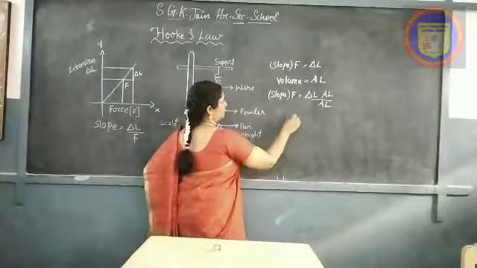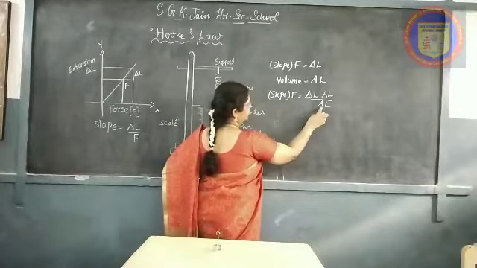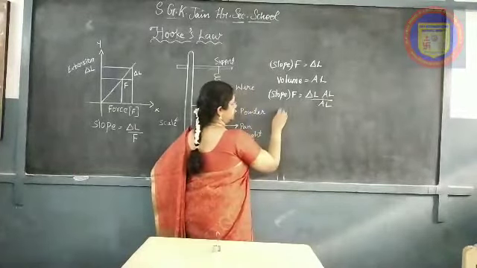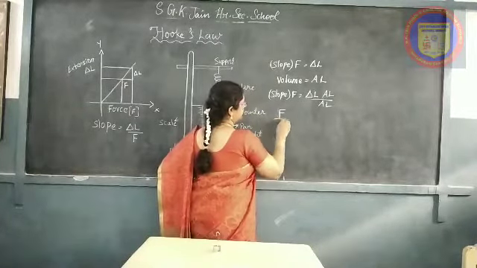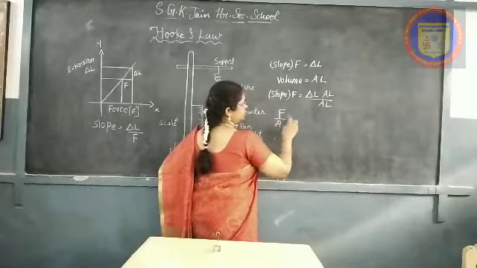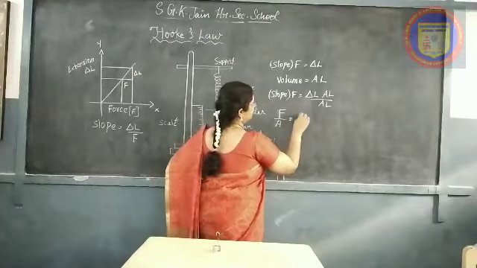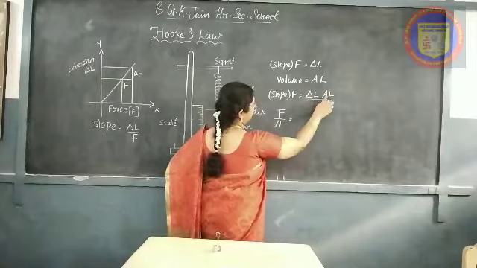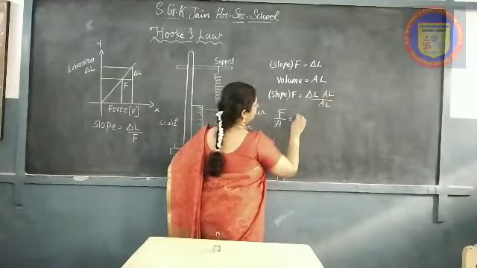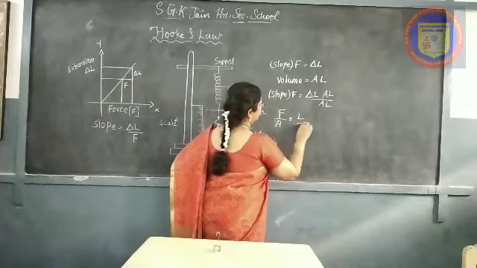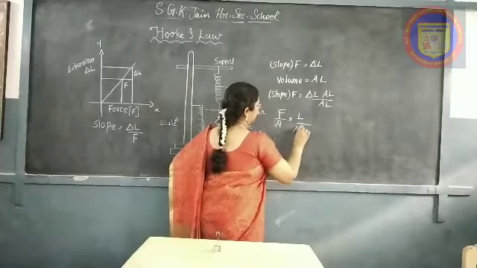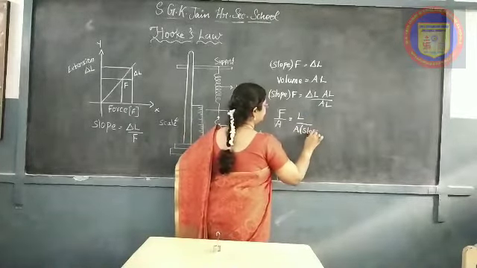Now this slope I will take down, and A I will bring to the other side. So the equation becomes F by A is equal to L divided by A into slope.